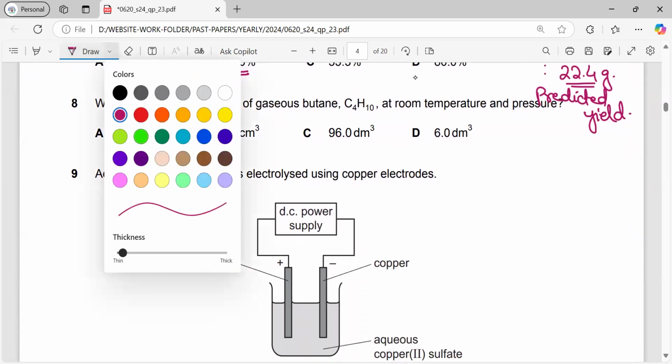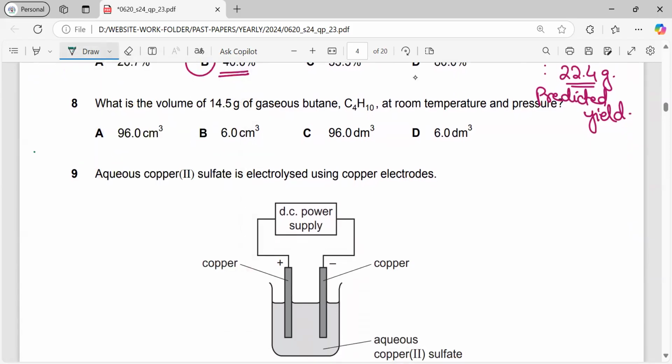Next question. What is the volume of 14.5 grams of gaseous butane at room temperature and pressure? Now they're asking us about the volume of gaseous butane.